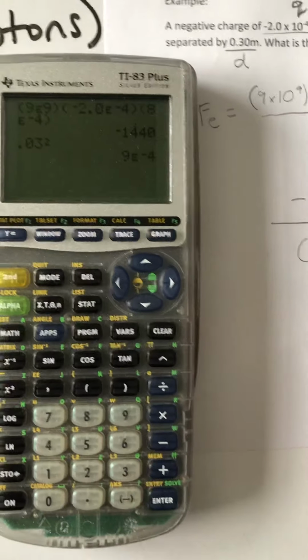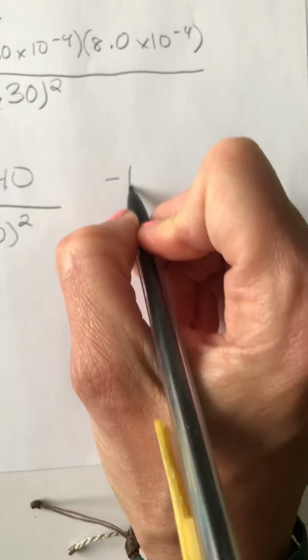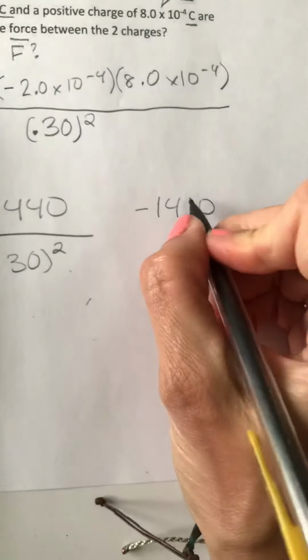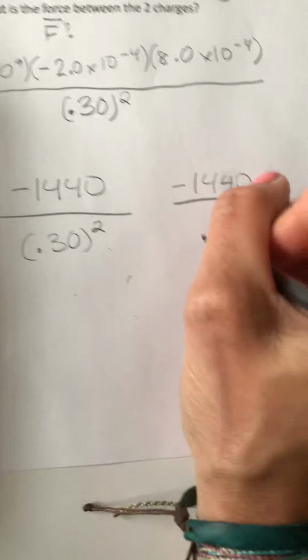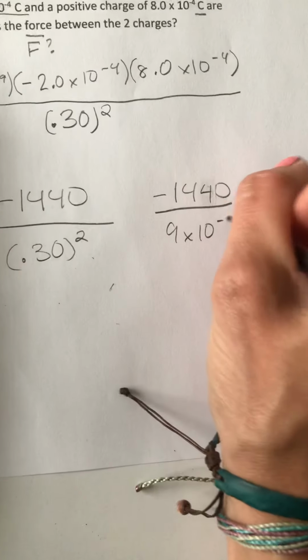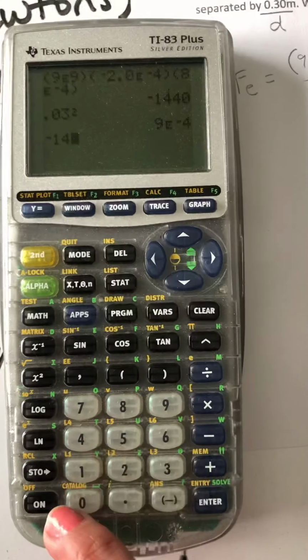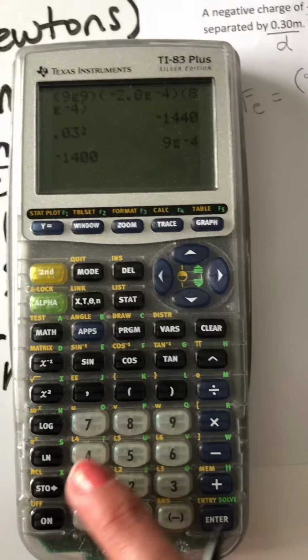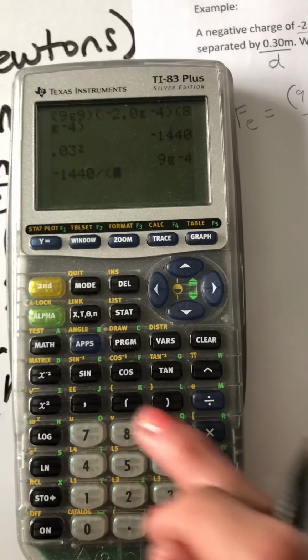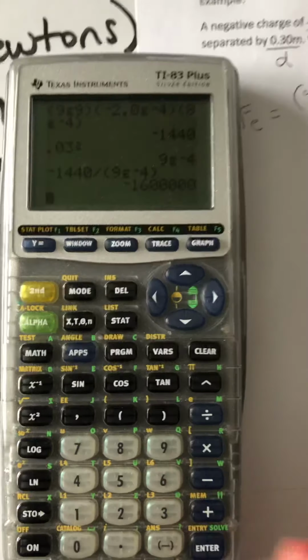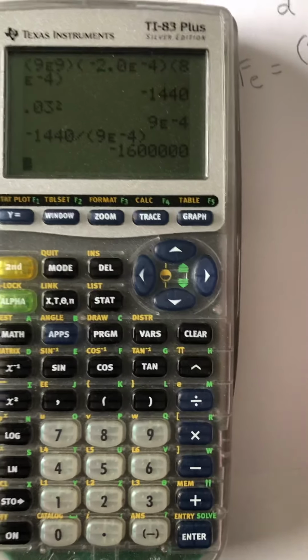When I do that, I get 0.09 on the bottom. So then I come over here and have negative 1440 on the top and 9 times 10 to the negative 2 on the bottom. I'm going to divide those two numbers, and that is my answer.